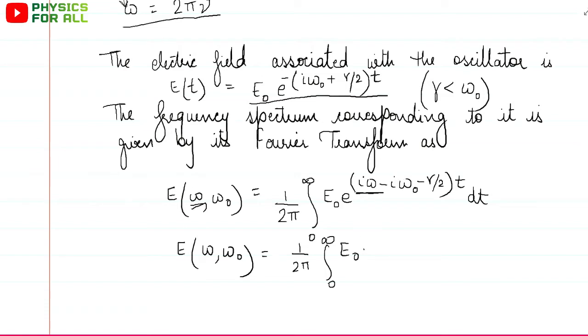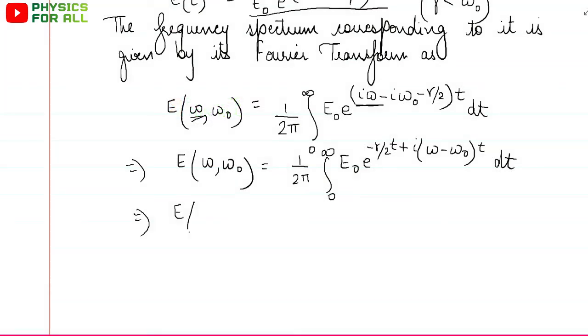So I'm going to write e raised to the power minus gamma by 2 t, because this is minus gamma by 2 and t is getting multiplied, plus, now I'm going to combine both the frequency terms. So iota is common, omega minus omega naught t, and then dt would be there.